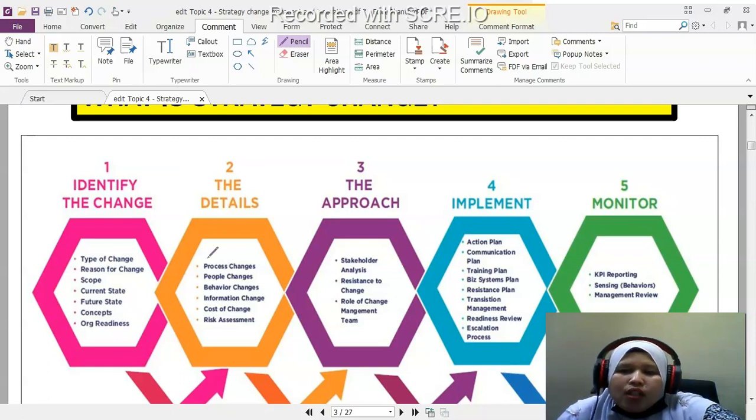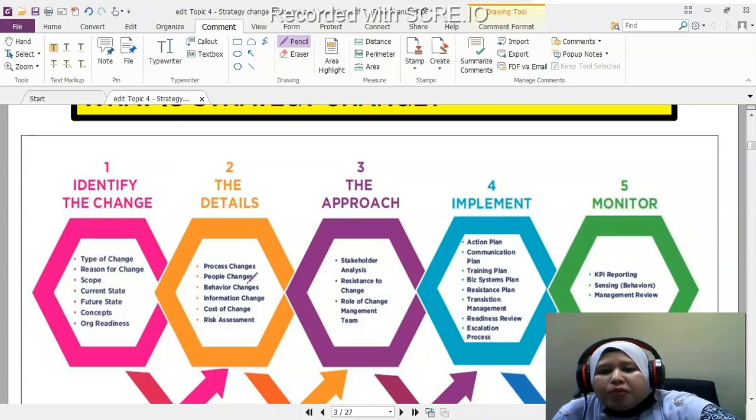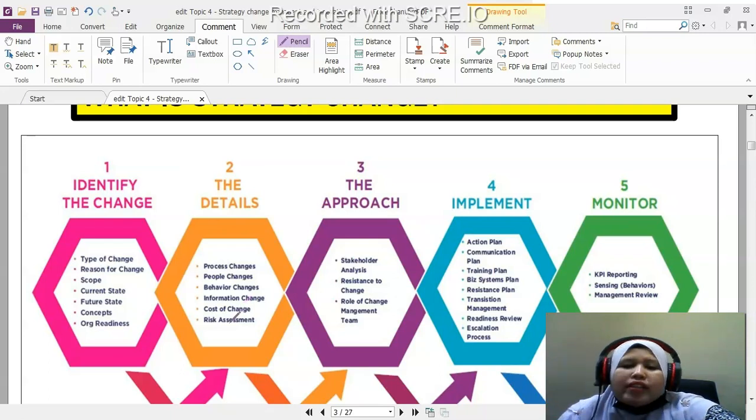Secondly, we will look at the details, the process of changes: the people, who is the person that needs the changes, what is the behavior, what is the information needed to change, is there any cost regarding the changes, and whether the changes have a risk or not.